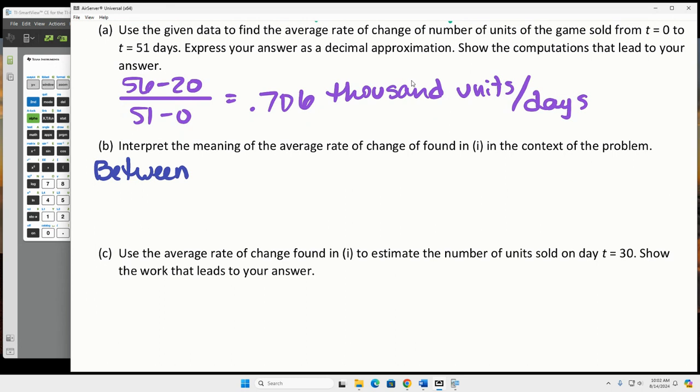So between t equals 0 and t equals 51 days. What is changing in this average rate of change? Number of games sold. So you can say games if you want to. I'm just going to go ahead and say units.